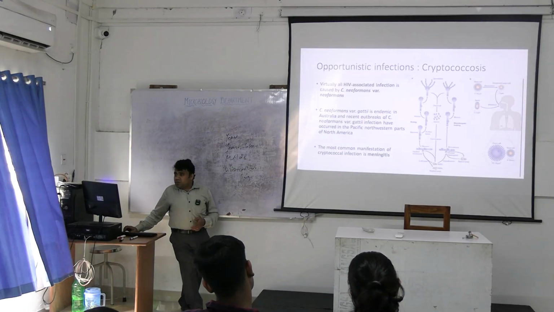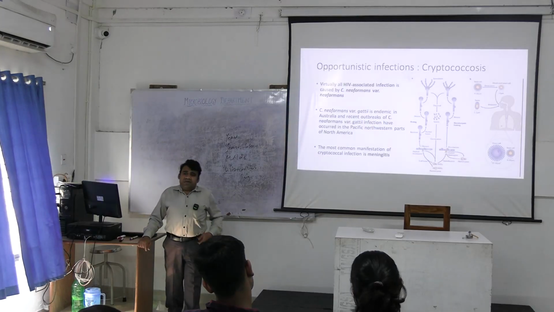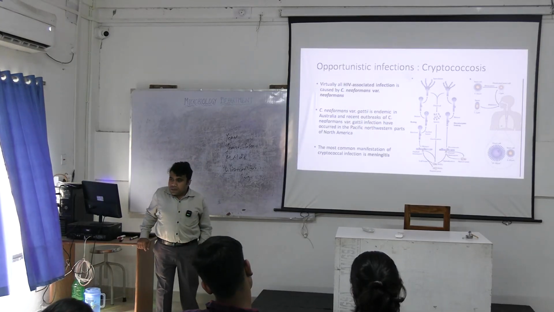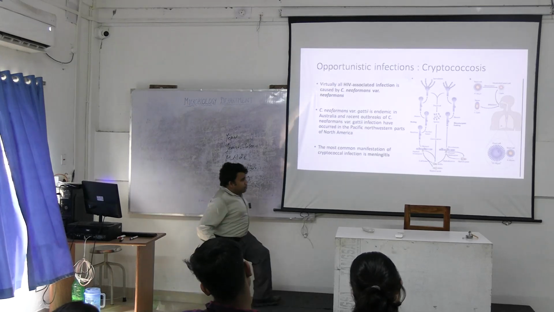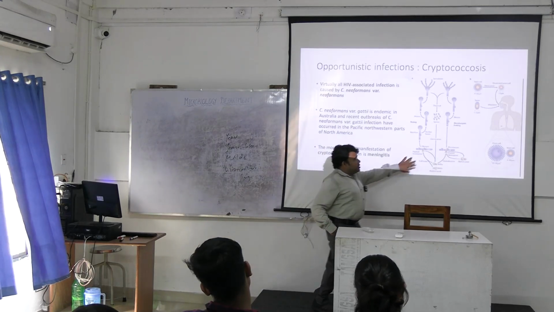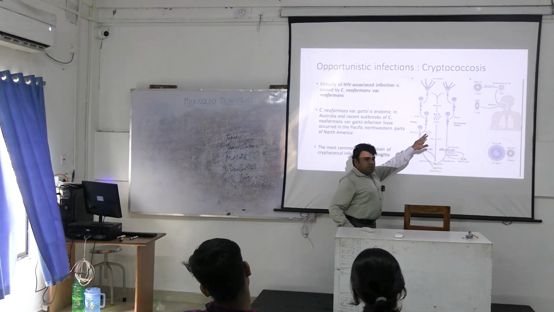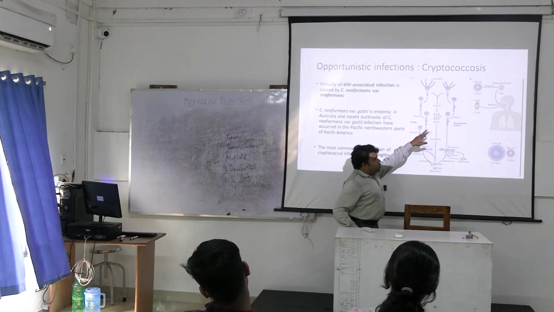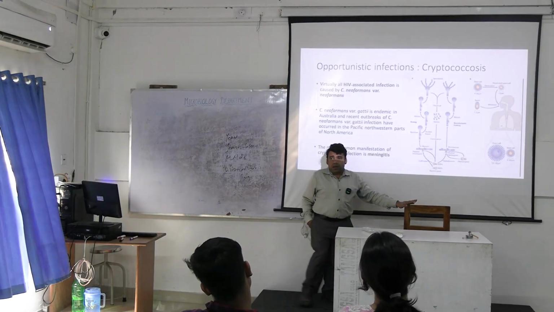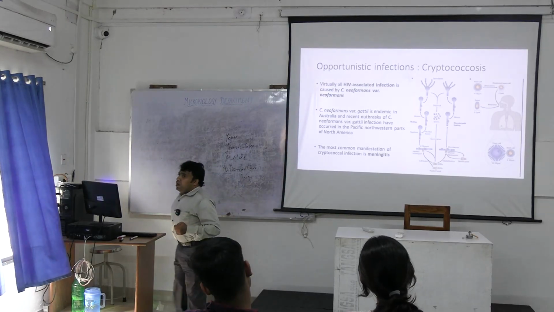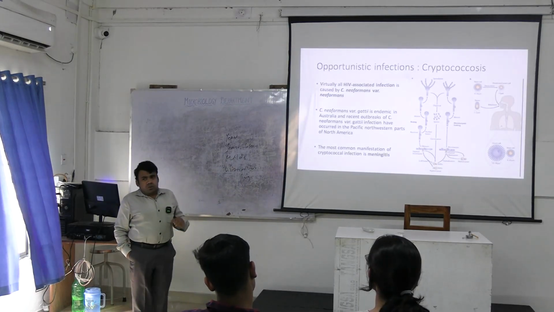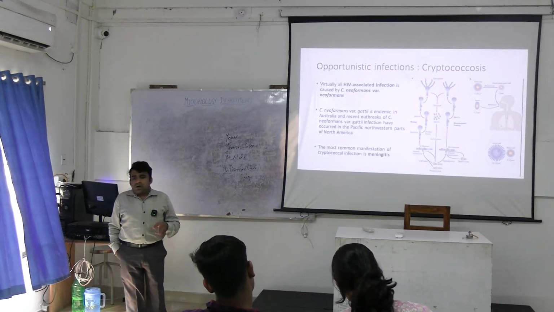Now, where does this Cryptococcus actually live? It lives in the environment. Now, look at this picture. This is the yeast. It lives in the environment and it forms spores. These spores can infect the human body, predominantly through the inhalation route. Two common associations are present with Cryptococcus in India.